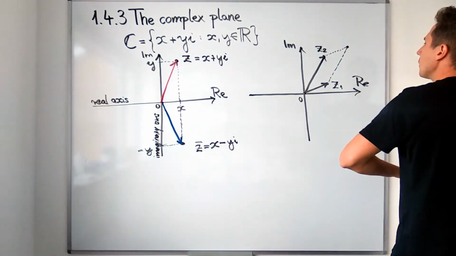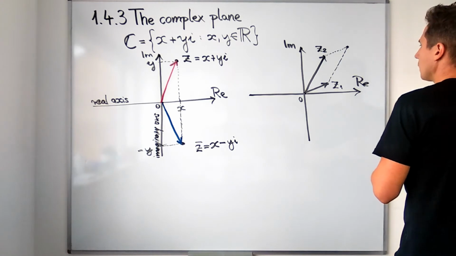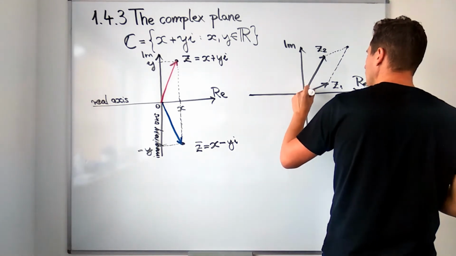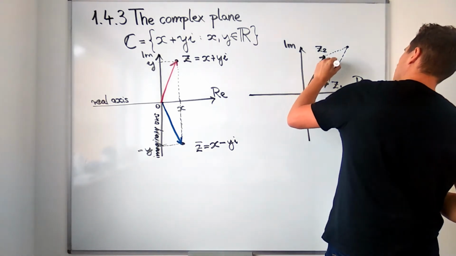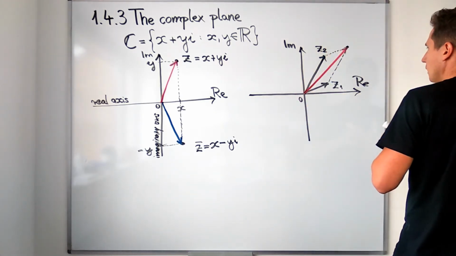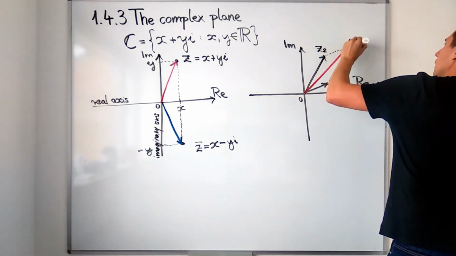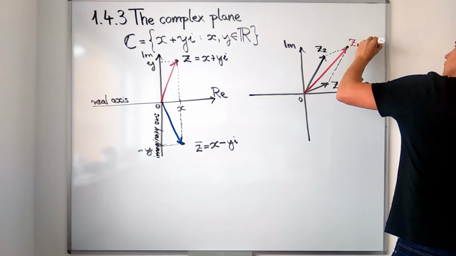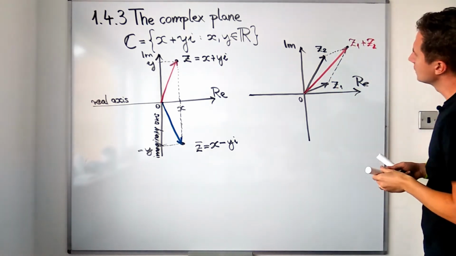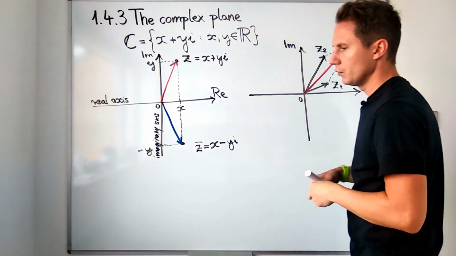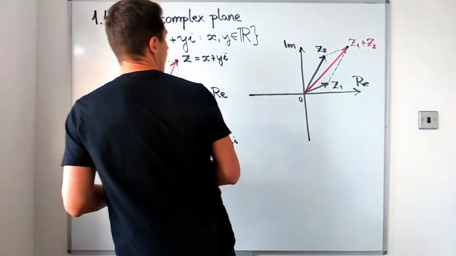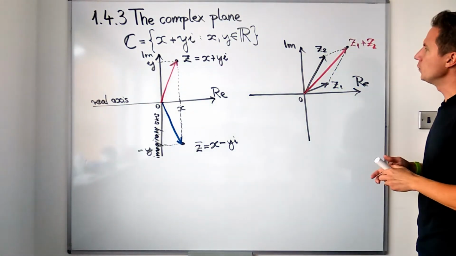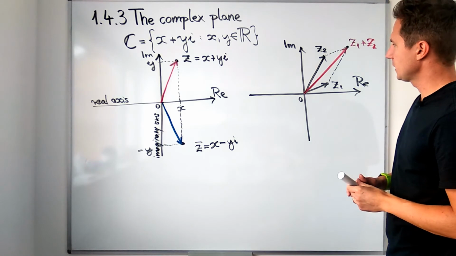So the vector pointing to this point will represent the sum of z1 and z2. Okay, so there's this very nice parallelogram rule to find the sum of two complex numbers in the complex plane.